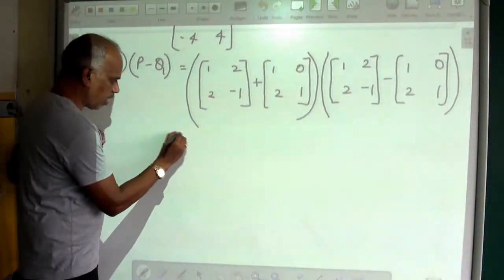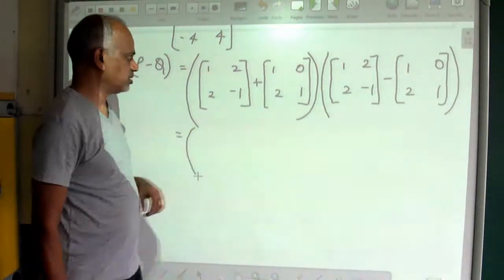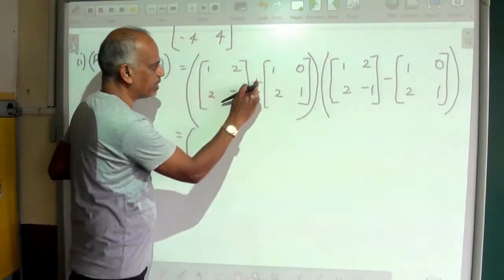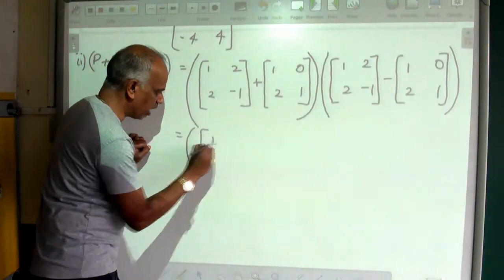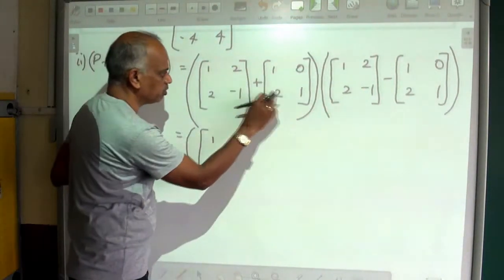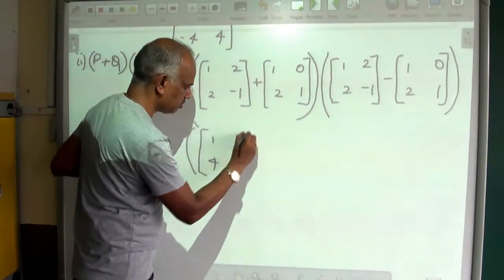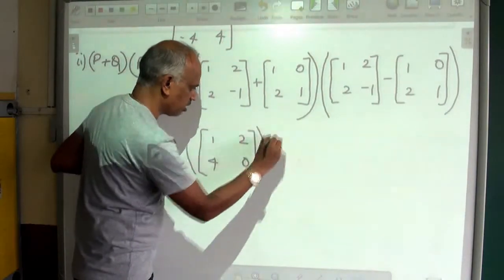What you have to do now is look at the first bracket and add these two matrices. This is addition. So 1 plus 1 will give you 2, 2 plus 0 will give you 2, 2 plus 2 will give you 4, minus 1 plus 1 is 0. That's done.